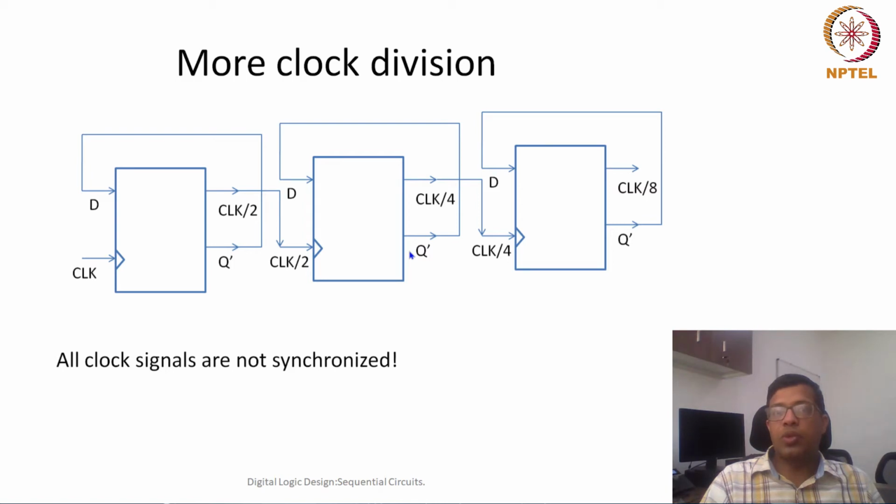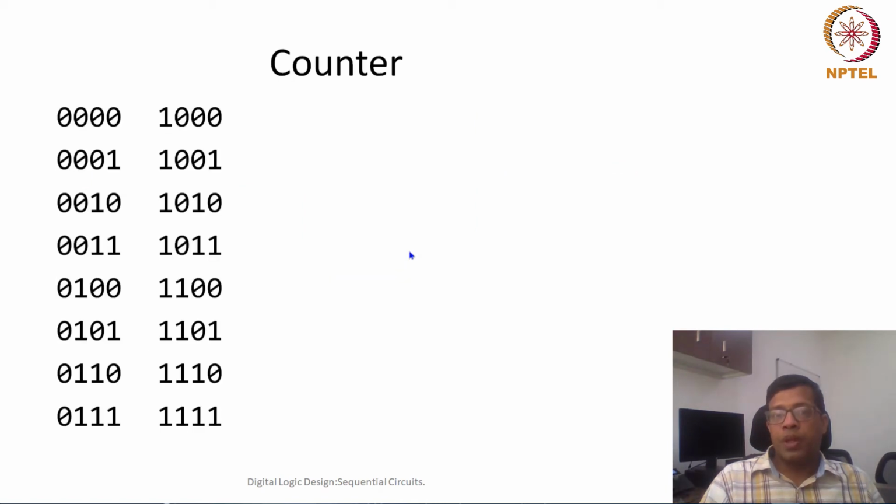Now let's come to counting. Now, what is counting? Basically, let's say in the first clock period, the output is 0, 0, 0, 0. In the next clock period, the output should be 0, 0, 0, 1. Then 2, then 3, 4, 5, 6, 7, 8, 9, 10, 11, 12, 13, 14, and 15. So this counting could be anything.